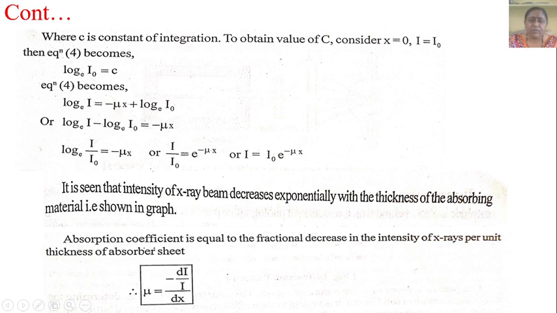Now the absorption coefficient is equal to the fractional decrease in the intensity of X-rays per unit thickness of absorber sheet. So mu equal to minus dI upon I dx.